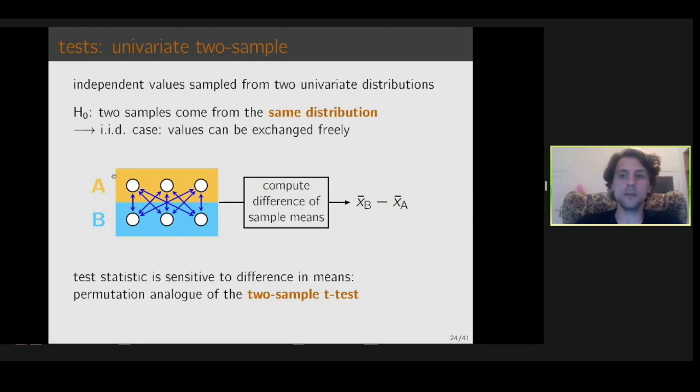In the independent and identically distributed, or IID case, values can be exchanged freely and arbitrarily between conditions. Upon exchanging those values, we would compute the difference of sample means, given by this formula, and this test statistic is sensitive to the difference in means, such that this procedure would be the permutation analog of the two-sample t-test.